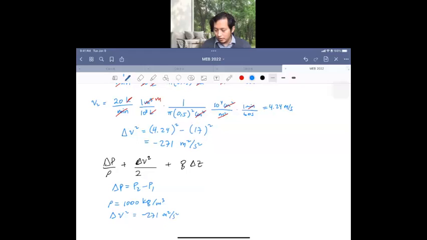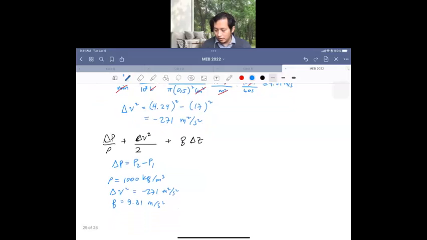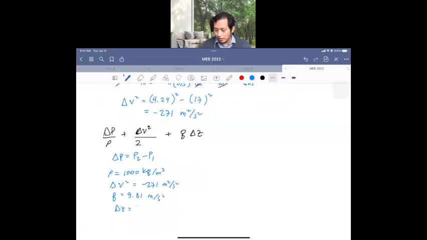Take the gravity as 9.81, and the delta z, z2 minus z1, I just take 50 meter.